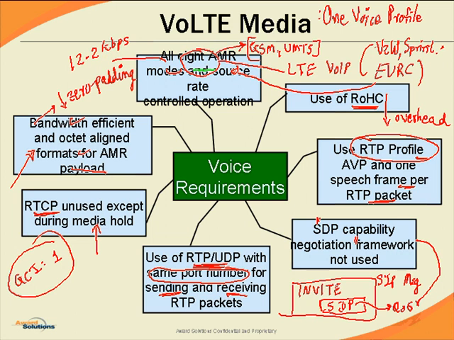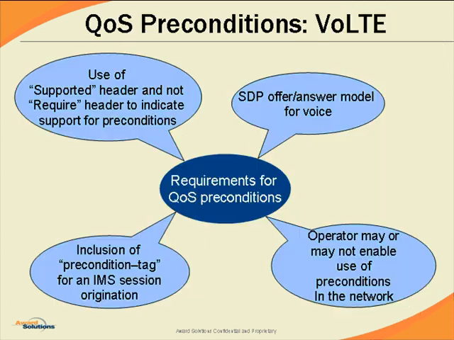Okay, then as far as quality of service is concerned, first let's step back a little. We do not want to reinvent the wheel. Whatever work has been done by the IETF, the Internet Engineering Task Force, we want to reuse that. We do not want to start defining new protocols and things like that in LTE.